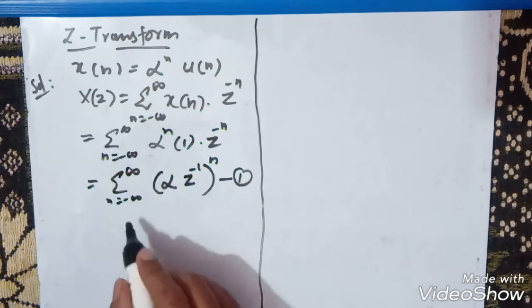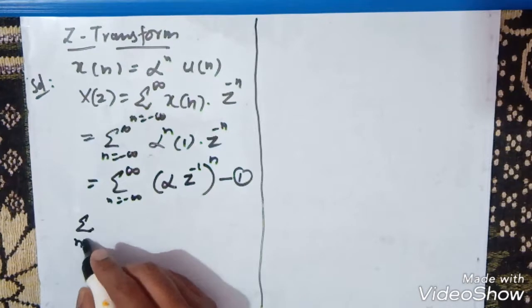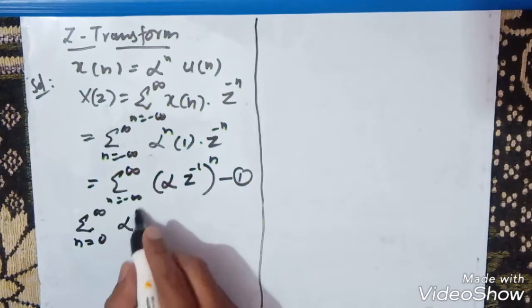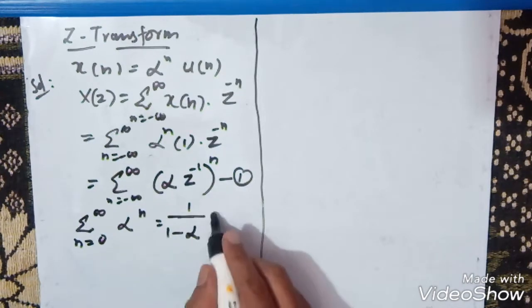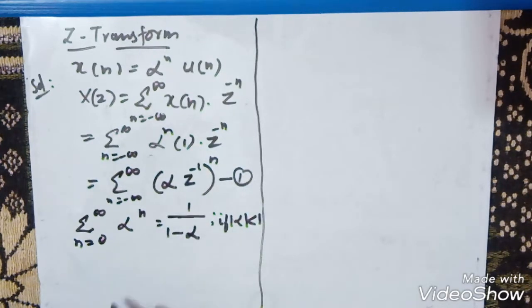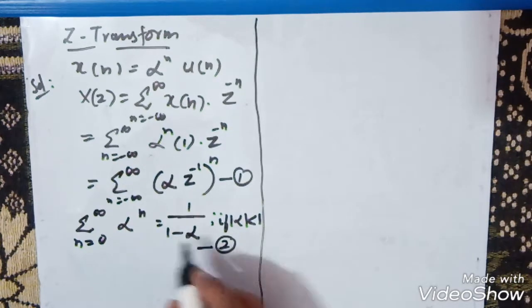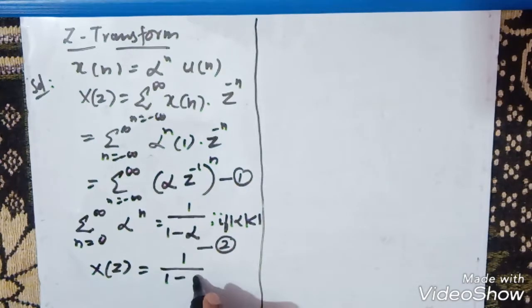Now to find out this value, we have one formula which is the infinite sum formula. Summation of n equal to 0 to infinity alpha raised to n is equal to 1 by 1 minus alpha. This is the formula for the condition alpha less than 1. Now comparing the standard formula with the first equation, we can write X of z equal to 1 by 1 minus alpha z inverse, because our alpha is alpha z inverse.